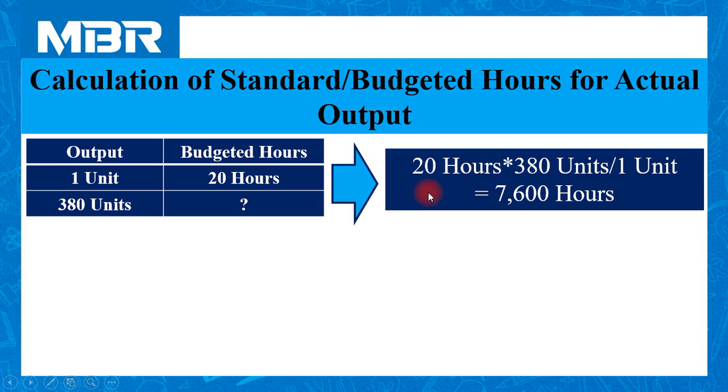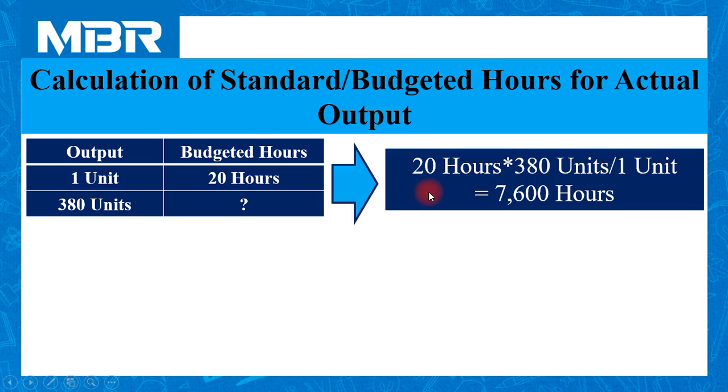7,600 hours. You can say it is revised standard hours or revised budgeted hours, because the budget is given for 400 units. But unfortunately, we were not able to manufacture 400 units for the given period of time, and we have produced only 380 units.